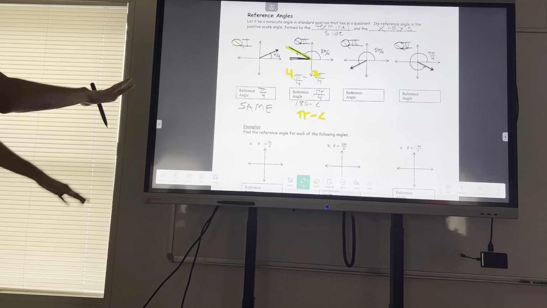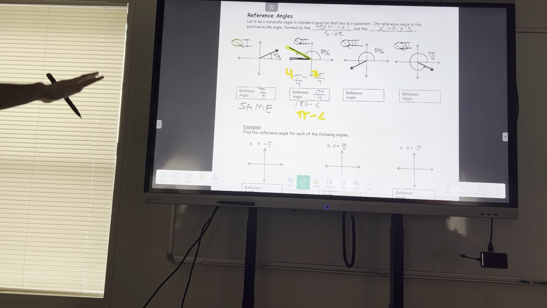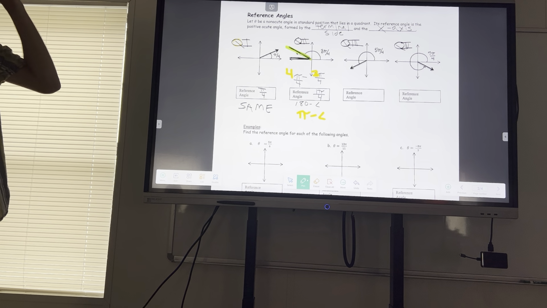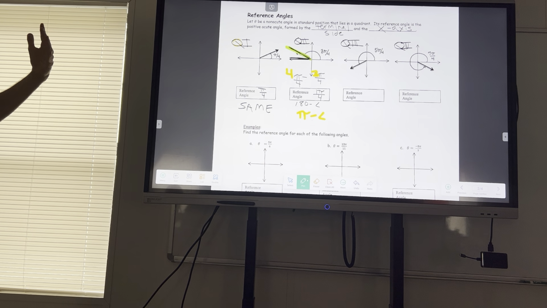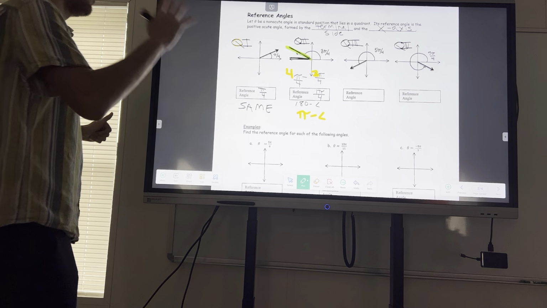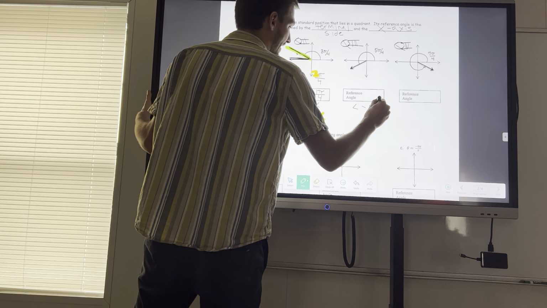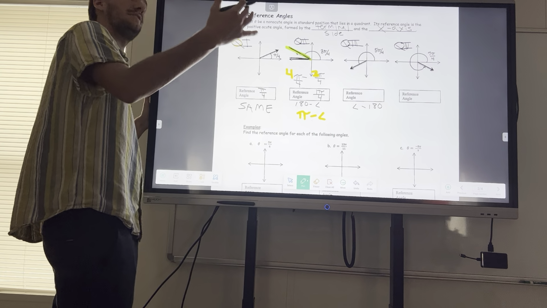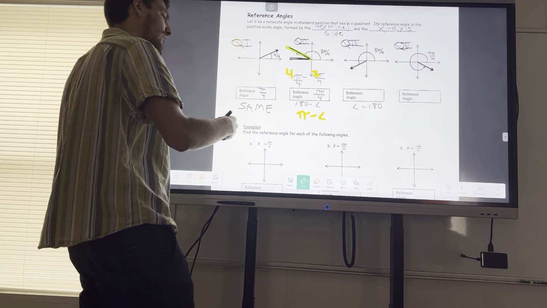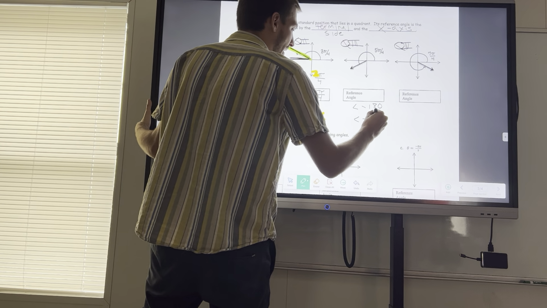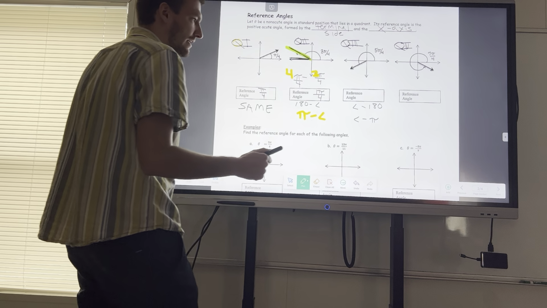I feel like this is a lot of weird symbols, and I don't know that the notes are organized in the best way ever, but let's just move on. C number 2, we'll do a little faster. This one was angle minus 180 when we did it in degree mode. Now that we're in radian mode, it's going to be angle minus pi.